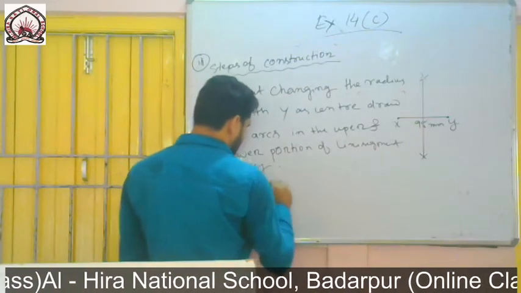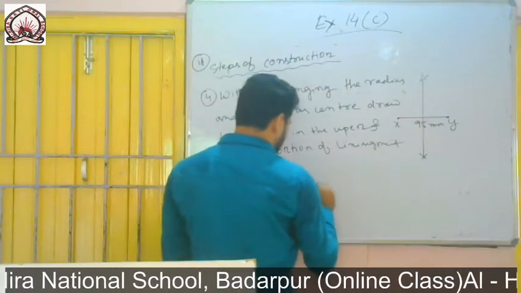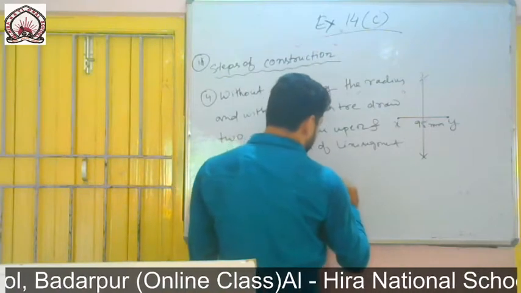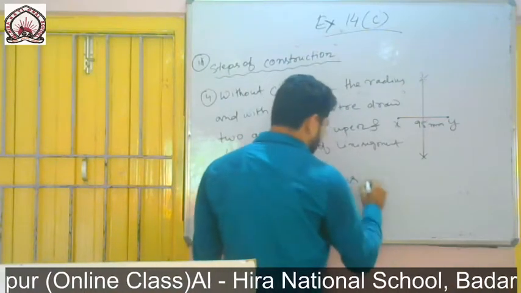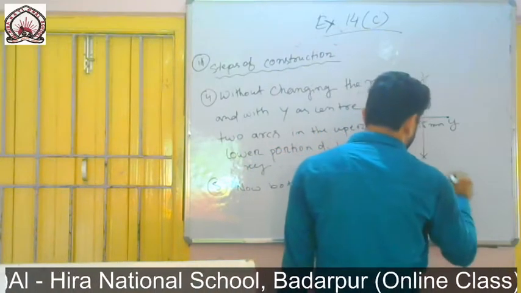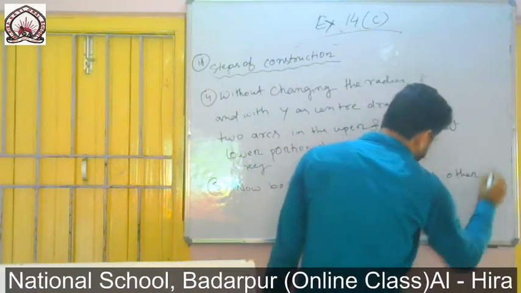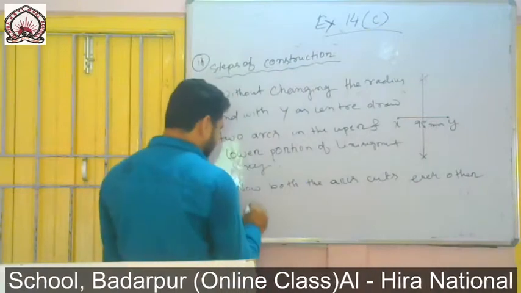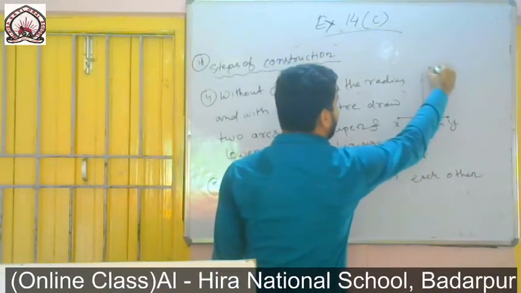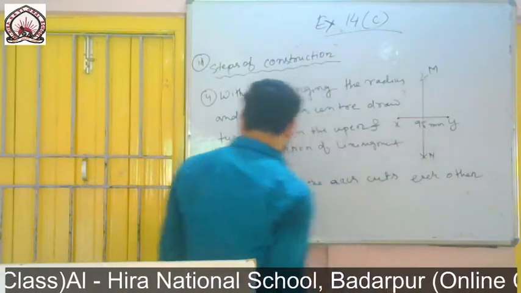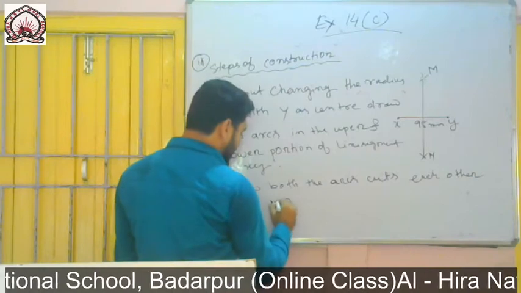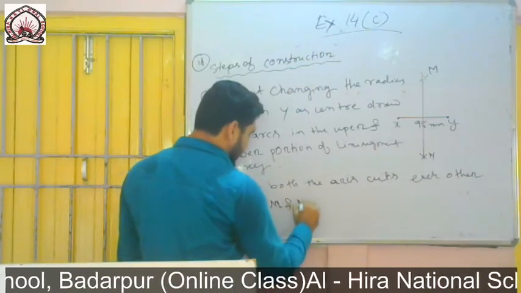Now both the arcs cut each other at, you give a name like M and N. Okay, cuts each other at M and N.